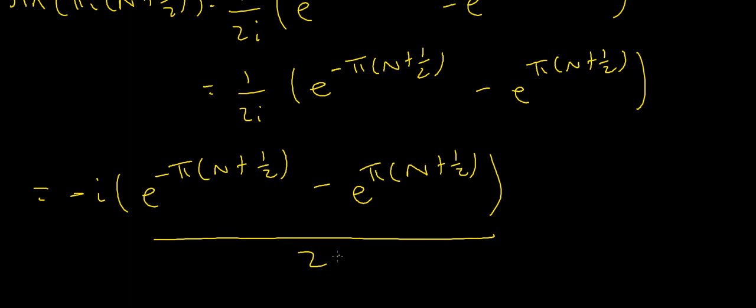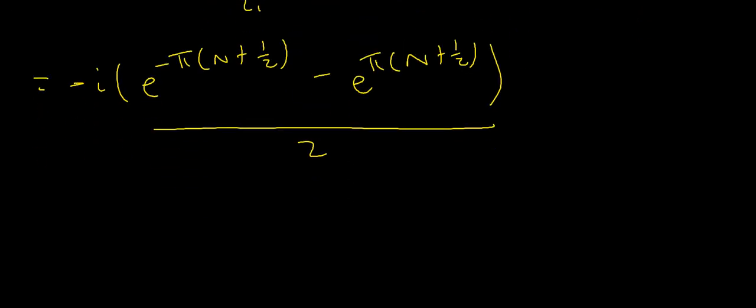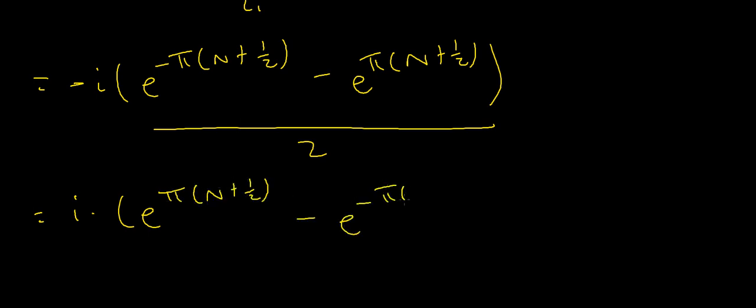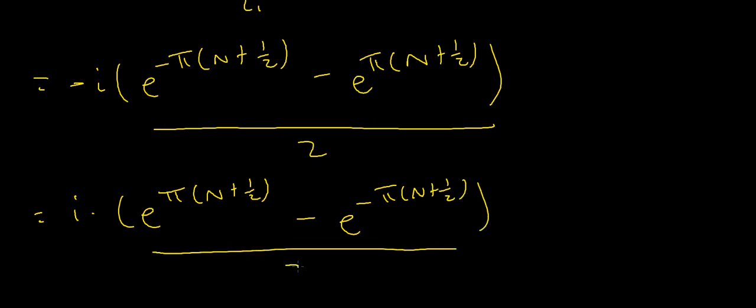This should look a bit familiar; it is basically the hyperbolic sine function. Let's bring the minus 1 inside. So that's i times e to the pi times (n plus a half), minus e to the negative pi times (n plus a half), all over 2, which by definition is just the hyperbolic sine function times i. So that's just going to be i sinh of pi times (n plus a half).